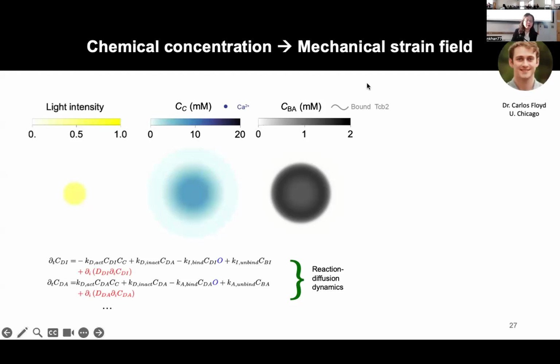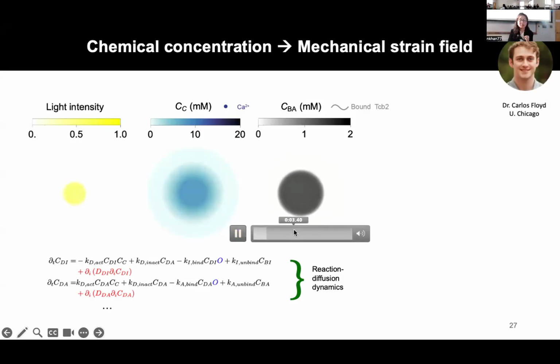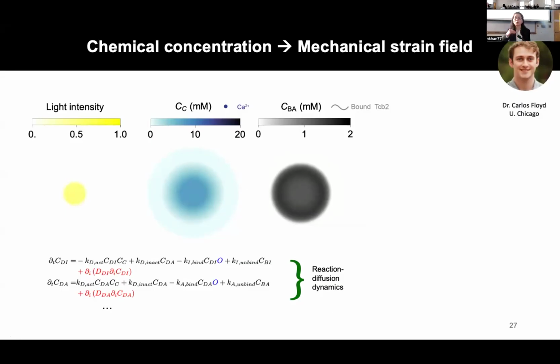Because we have control of the light through the computer, we can release the calcium by controlling the light intensity. Since we use the reaction diffusion rate to link the calcium concentration to the TCB2 concentration, we can get the TCB2 concentration in real time.